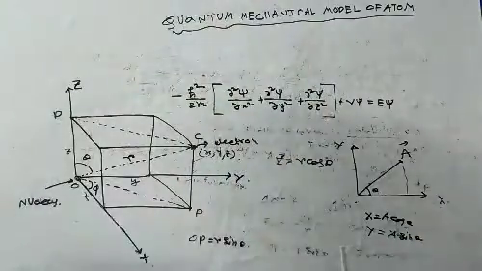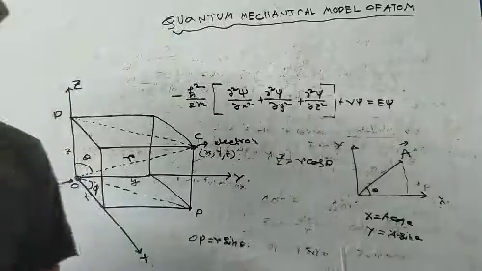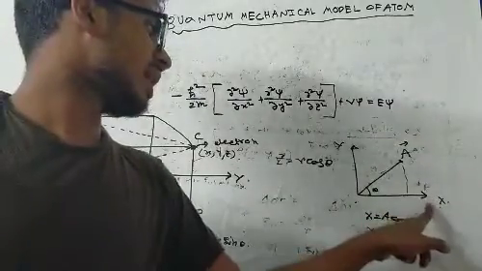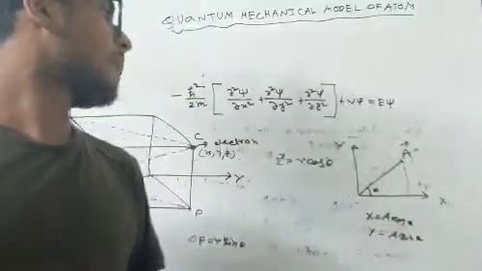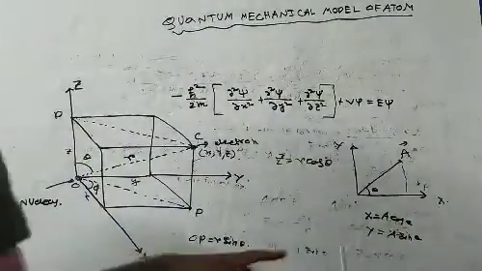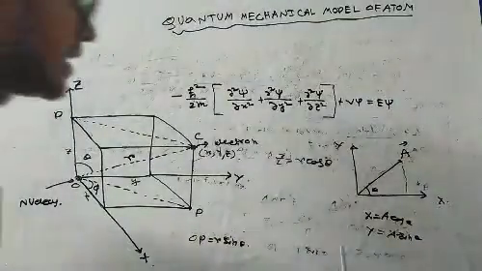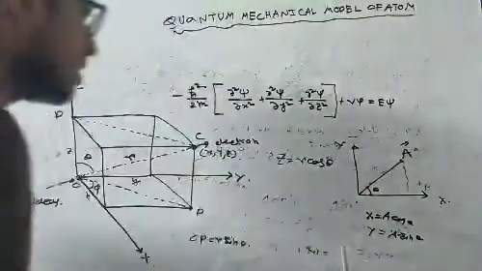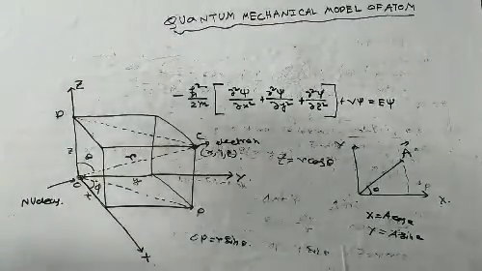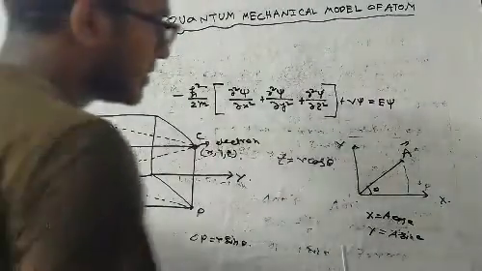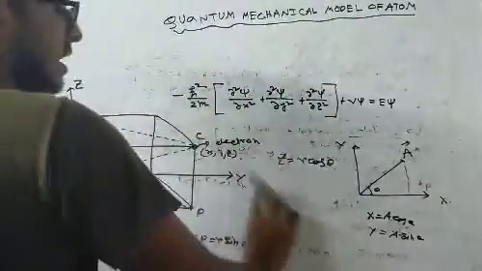So if a vector makes an angle with x, the component along x is A cos theta and along y is A sine theta. So the cos component will be present along the direction where the vector makes the angle.